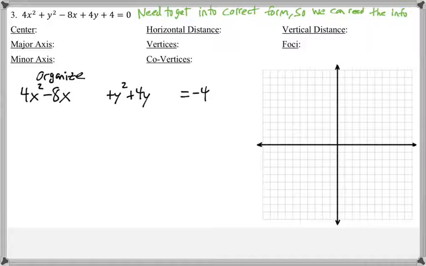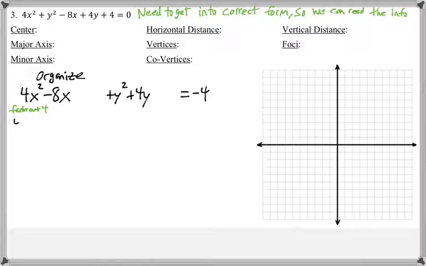So I'm putting my x's together, putting my y's together, and leaving some spaces. Okay, so you might remember from completing the square that we're not allowed to have a number in front of the square term. So I need to factor out this 4 here, so that we can complete the square.